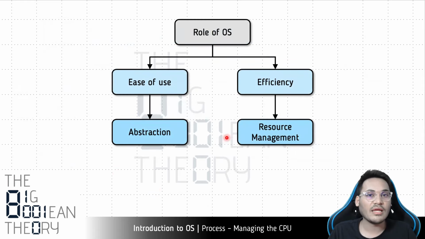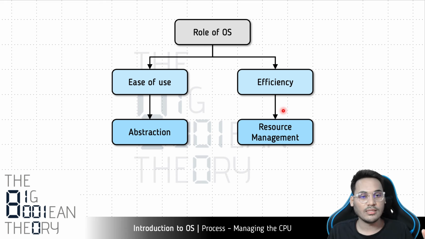So in the previous slides, we saw different things that the operating system has to keep in mind when doing resource allocation of the CPU to the different processes. These are the things that come under resource management. When the operating system is trying to make sure that the CPU is used efficiently, these are the points that it has to keep in mind.